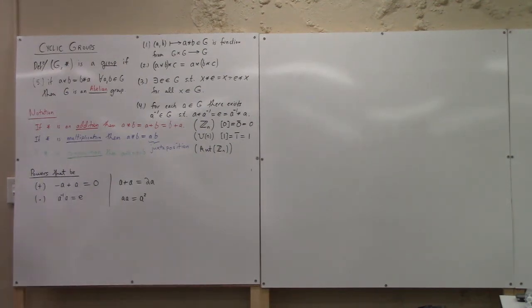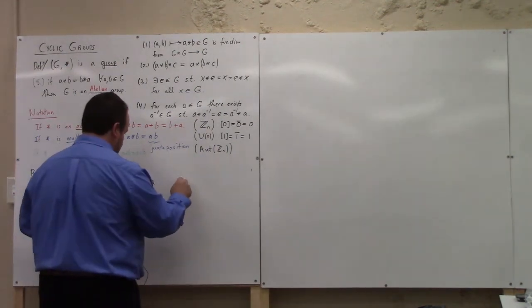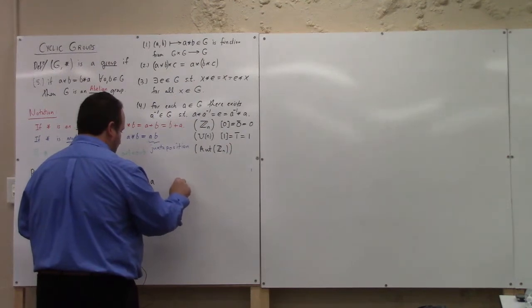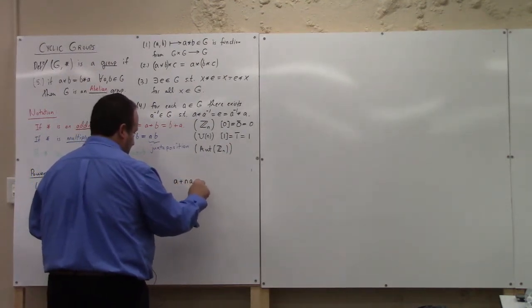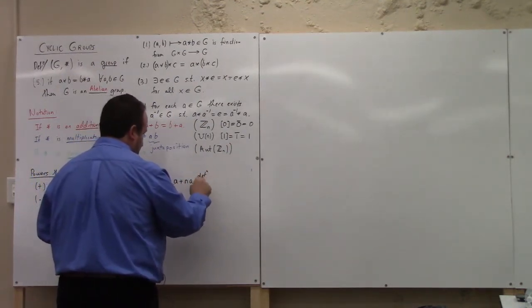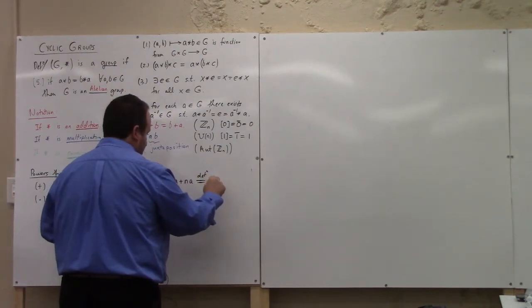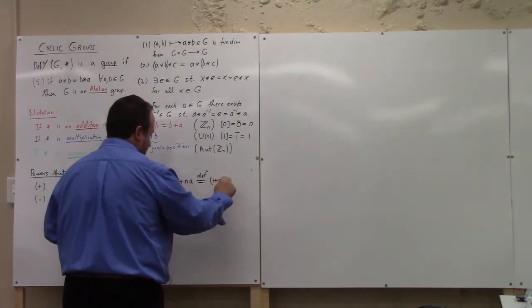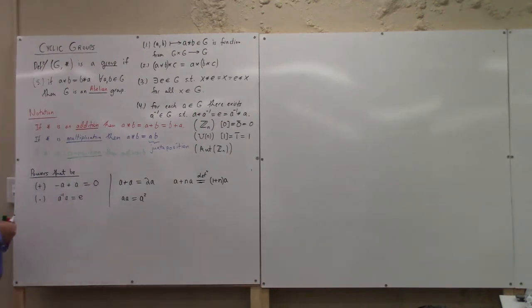Let me give you a sort of recursive definition here. A plus nA is by definition (1 plus n) times A. So that's how we would recursively define multiples of A.